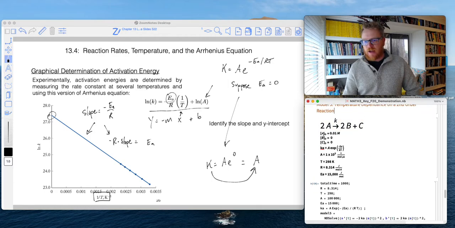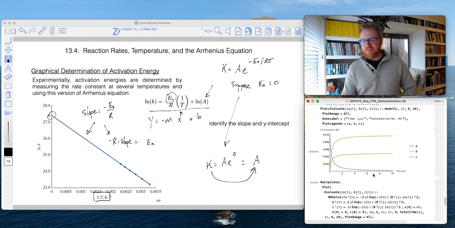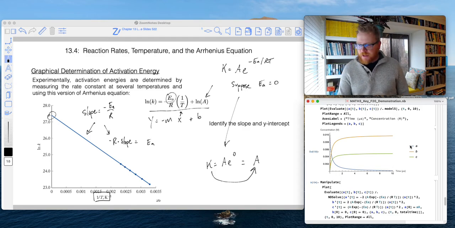You can see there's all kinds of input parameters. The initial A we can call 0.01, and the initial B and C we can call 0. We're using this Arrhenius equation here to calculate a few things. When we look at it, this is what our reaction profile looks like. Here are the A molecules, and you can see they're decaying because they're reacting away. Here you can see B and C are produced.